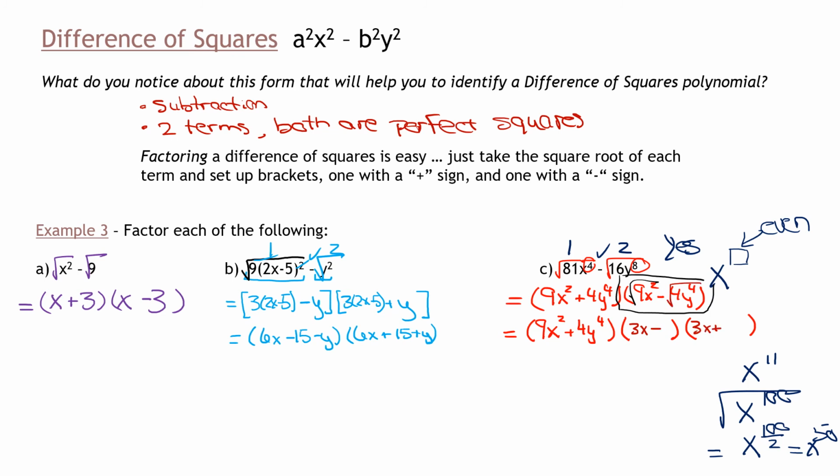Square root of the back term is 2y squared, 2y squared. Do we have any more differences of squares? The only one with a minus sign is this one. Is that a difference of squares? No. 3x is not a perfect square, neither is 2y squared. So that's the end of the line for that question.